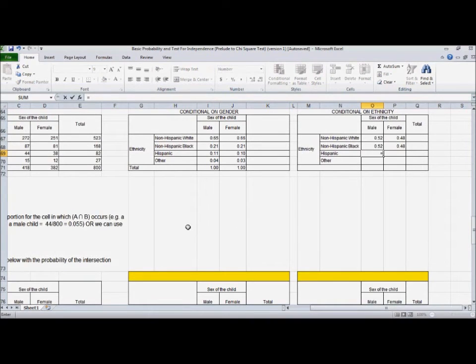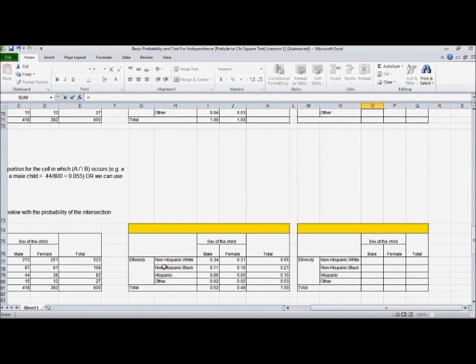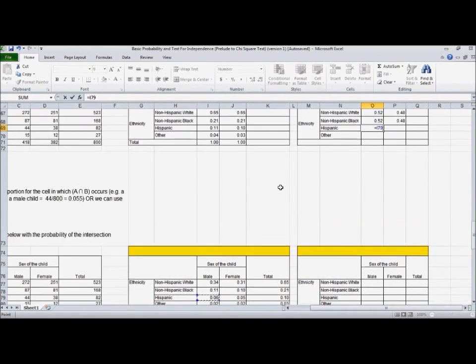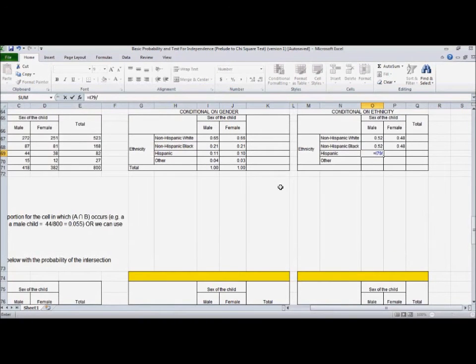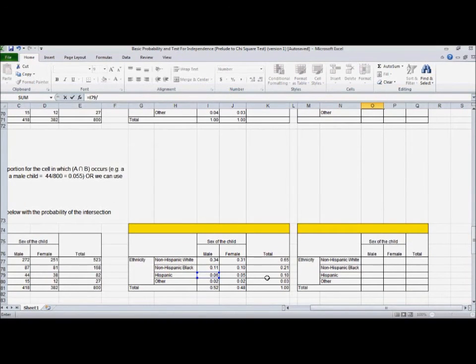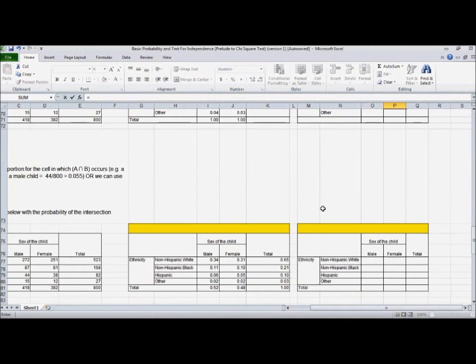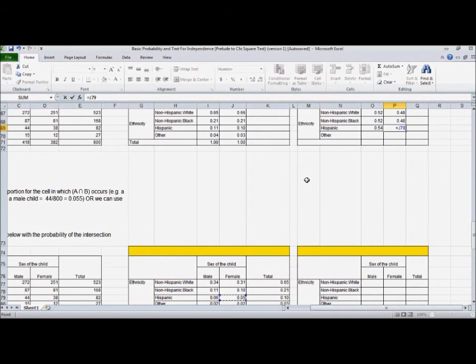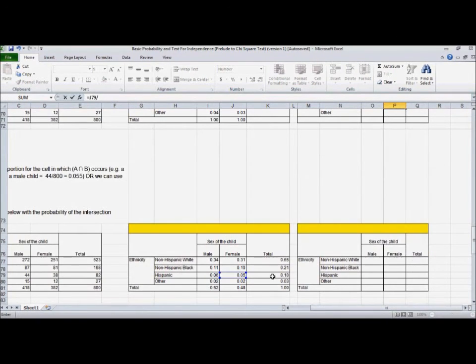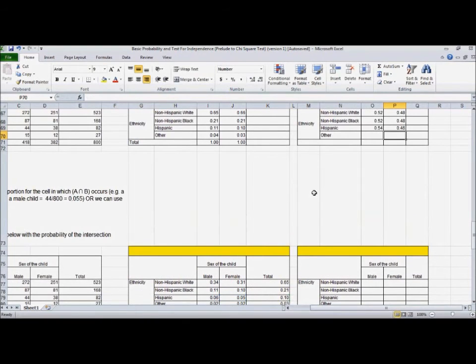Probability of male given Hispanic equals the probability of the intersection divided by probability of Hispanic. Okay, we see probability of female given Hispanic equals the probability of intersection divided by probability of Hispanic.